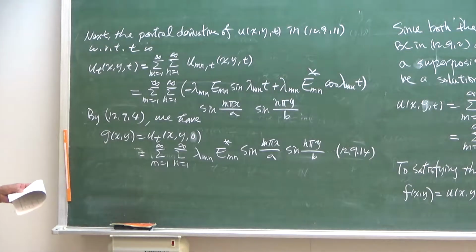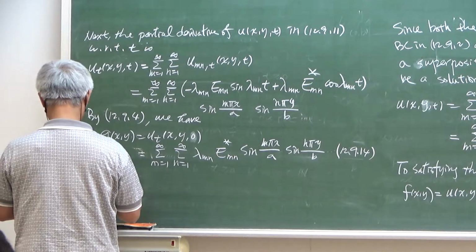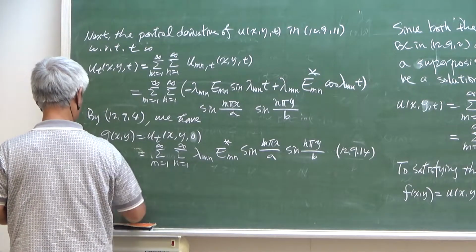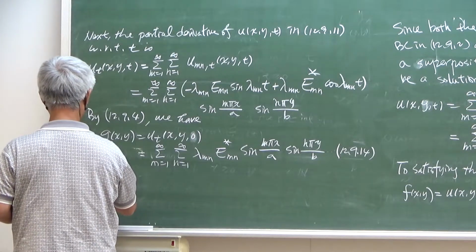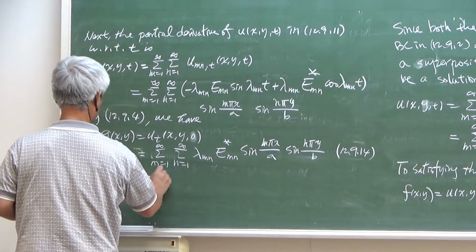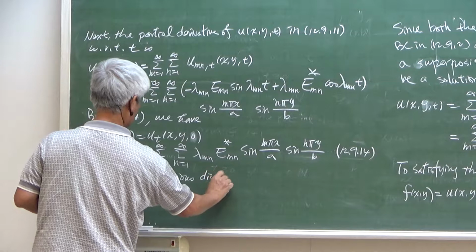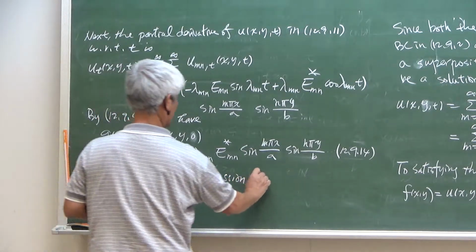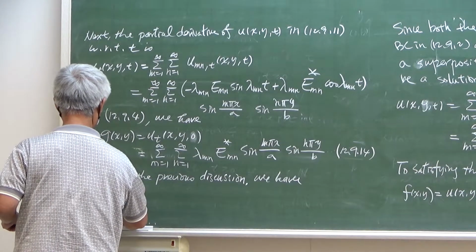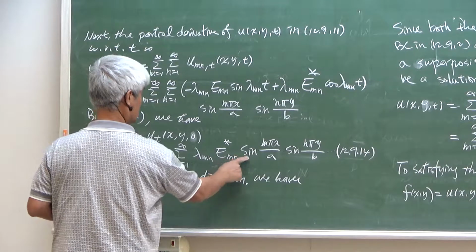Okay, so we have that. Similarly, we have lambda_mn E star_mn, the coefficient.